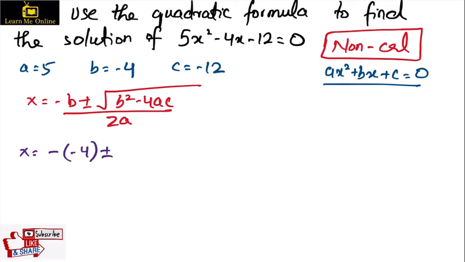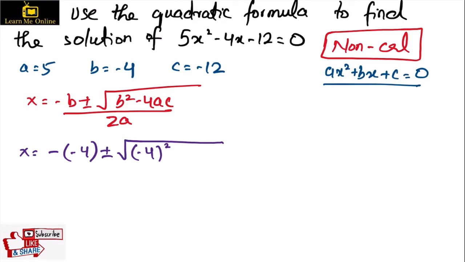Then there's the plus or minus sign and the square root. For b squared, you write the value of b, minus 4, in brackets with a square. If you don't put the minus 4 in brackets, you'll get a different value and the wrong answer. So whenever we substitute any value, it must go in brackets.